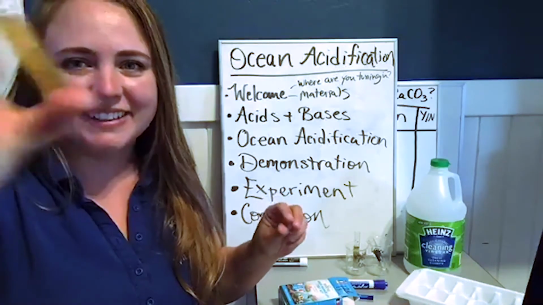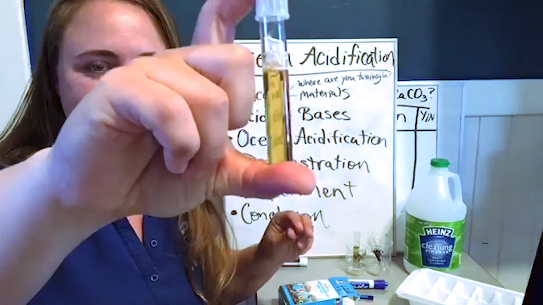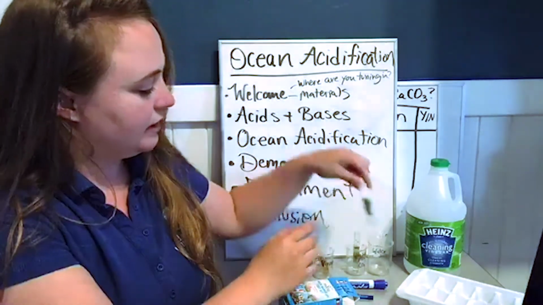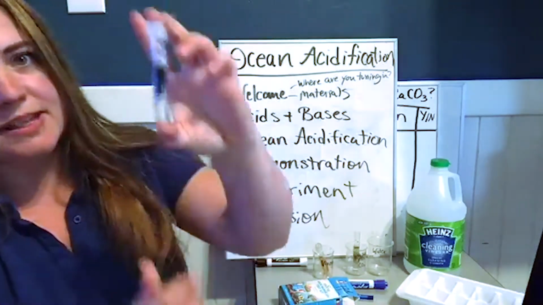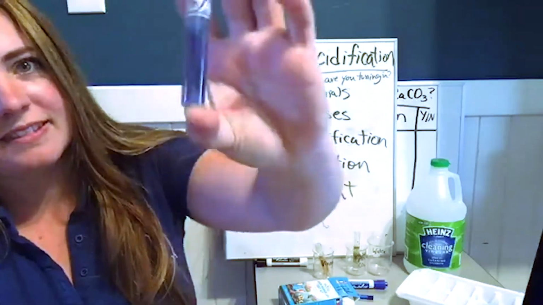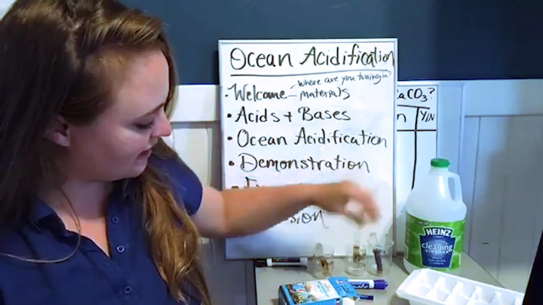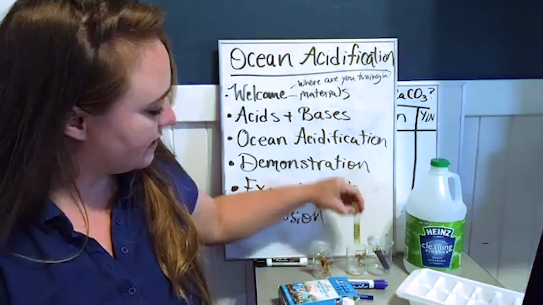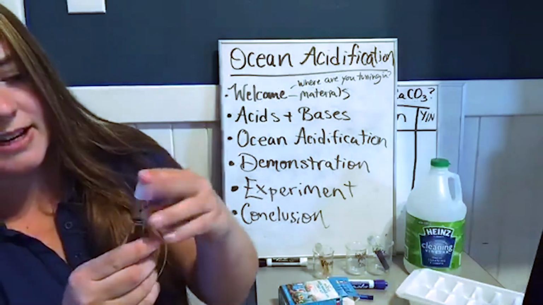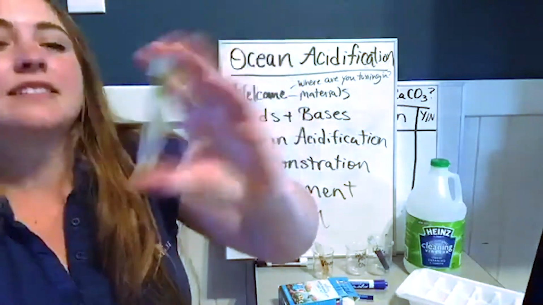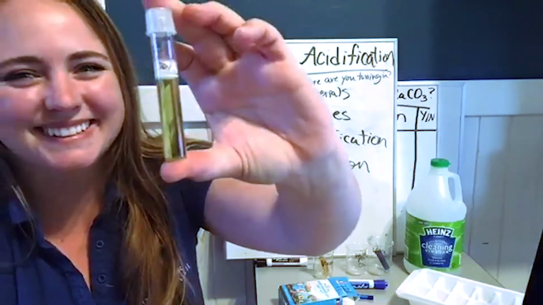here's our vinegar sample. So there's one color I'm starting to see. Here's our tap water sample. Ooh, very different. And then our sample that has carbon dioxide from my breath plus just the water.